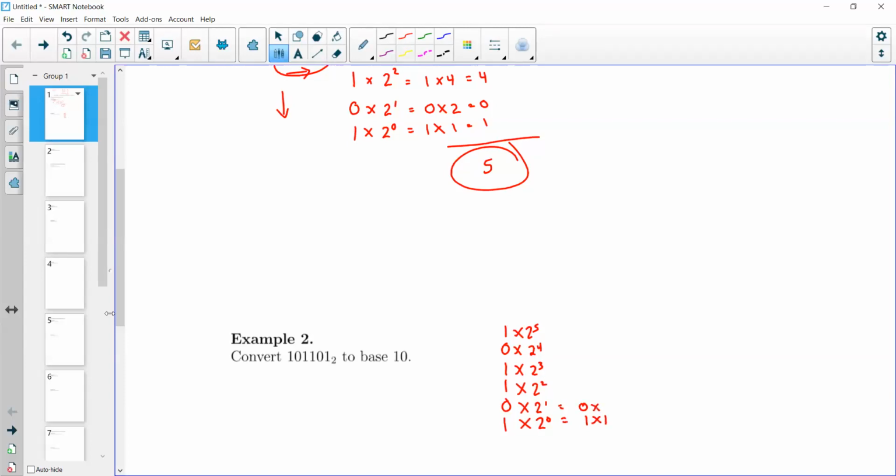This is 0 times 2. This is 1 times 4. This is 1 times 8. This is 0 times 16. And this is 1 times 32. That's 32, 0, 8, 4, 0, 1. And we get 45.